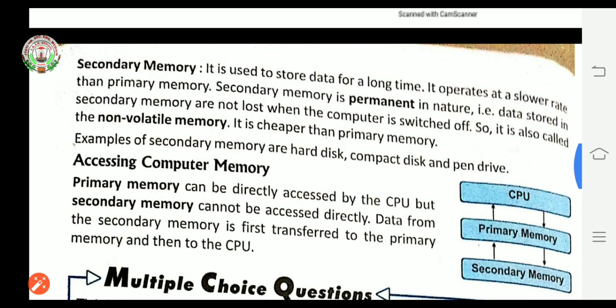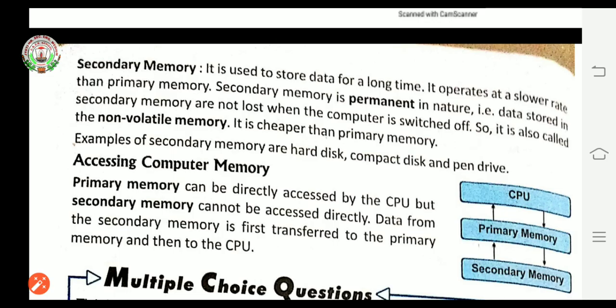Secondary memory is permanent in nature. That is, data stored in secondary memory are not lost when the computer is switched off. Now, as you have understood regarding primary memory, that is temporary in nature. Means if you are working and you switch off your computer, that particular data will vanish from there. It will not be stored.